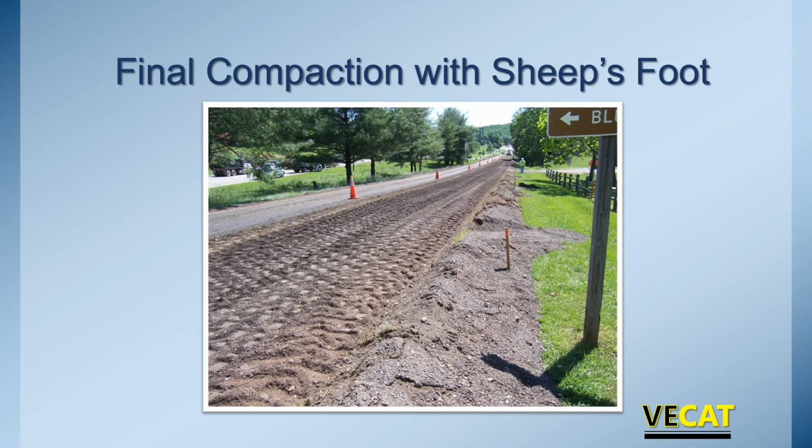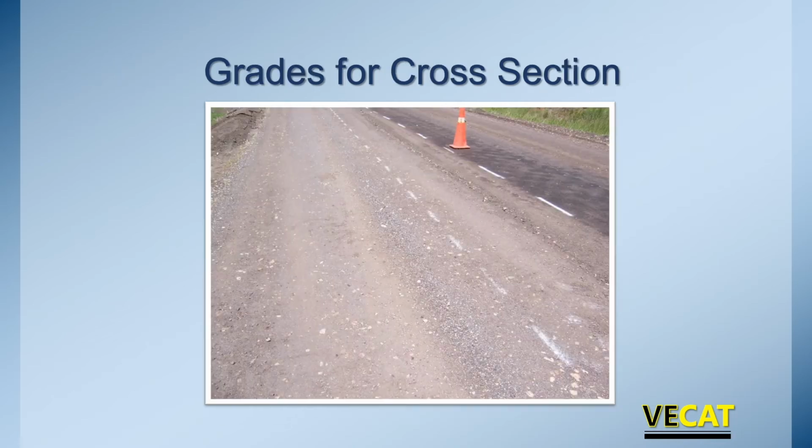So here's that final compaction. Way down in the distance, you'll see here comes the motor grader, but that sheep's foot, you can see where we've been working it out, getting the compaction. Once we've got it bladed off and come back and compacted it again, now you notice a nice texture all the way across.